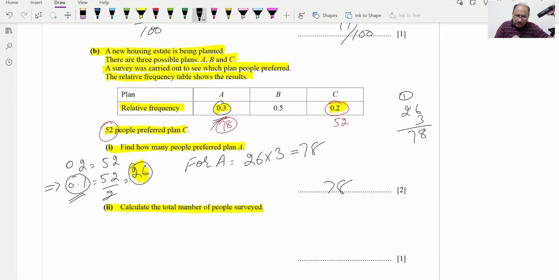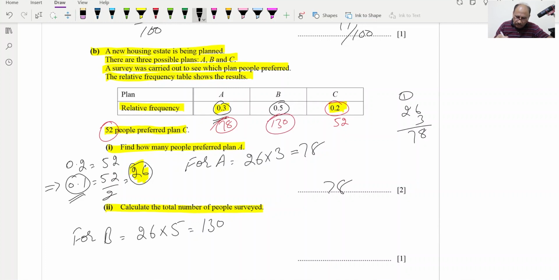For B we can take 26 and multiply by 5 because this is 0.5. 0.1 is 26. So 0.5 will be 5 times 26, and 5 times 26 will be what? 130. So for B it will be 130.